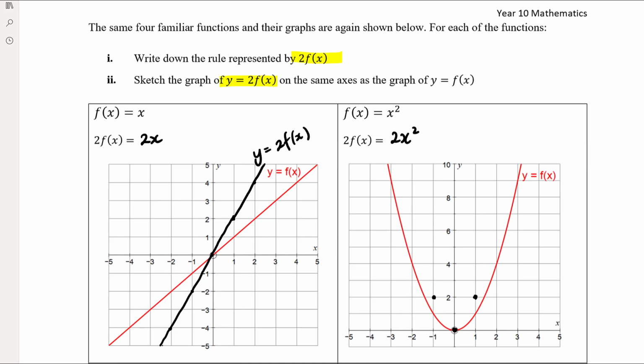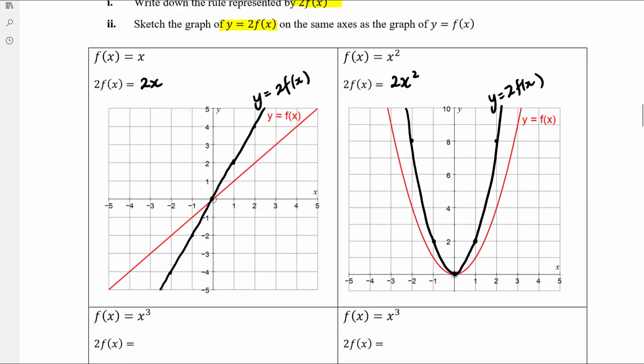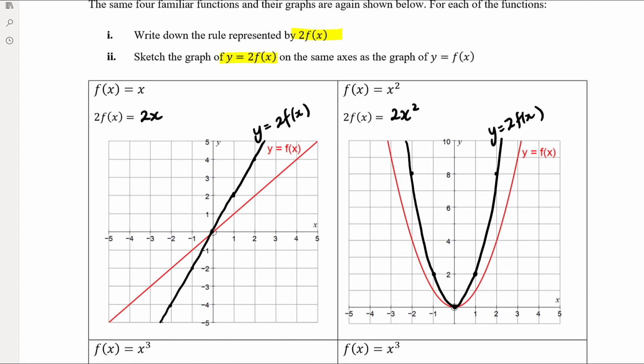This point 2, 4 goes to 2, 8, etc. And so we have the original parabola after a dilation by 2 from the x-axis. And in fact, if we look at the linear graph, that's actually what's happened here too. We've doubled all the y-coordinates. We've dilated by a factor of 2 from the x-axis.